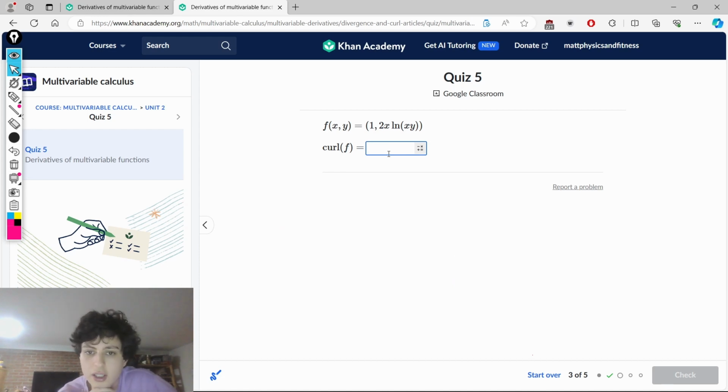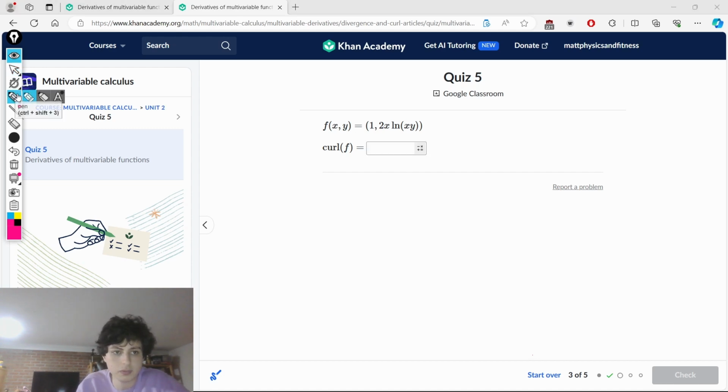Okay, so this is where I don't understand, because it seems like the two-dimensional curl was kind of simpler, right? It was the x derivative of this one, which would be interesting. Do I have to use the product rule?